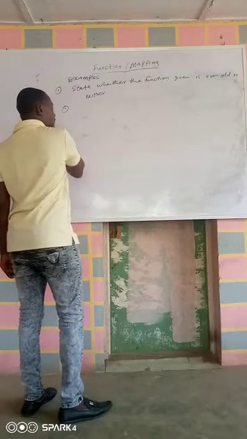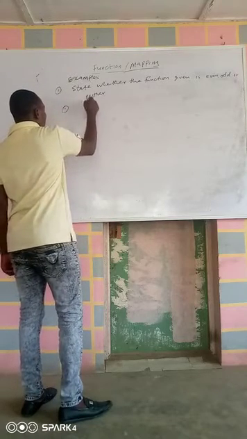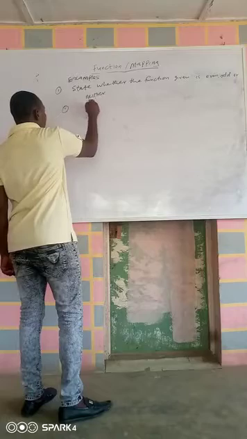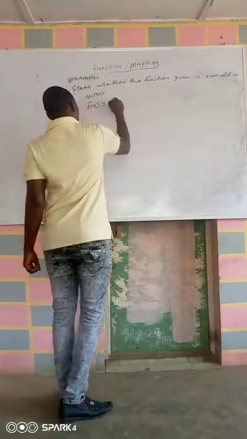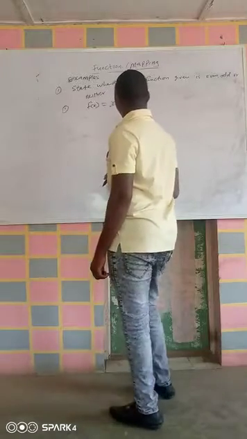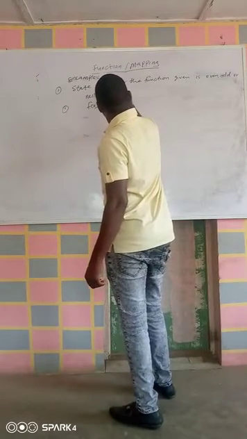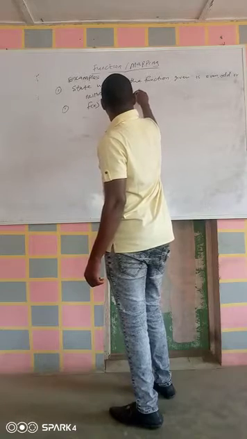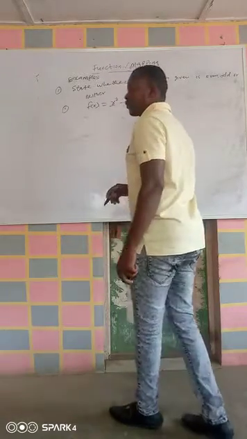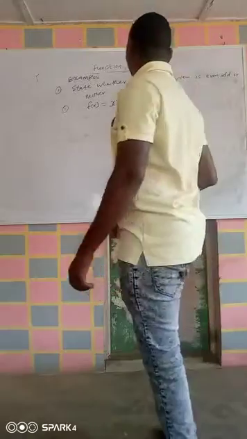So let's say we have a function f of s equals s squared minus s raised to power 4. Okay? Please watch and see what we're going to do.